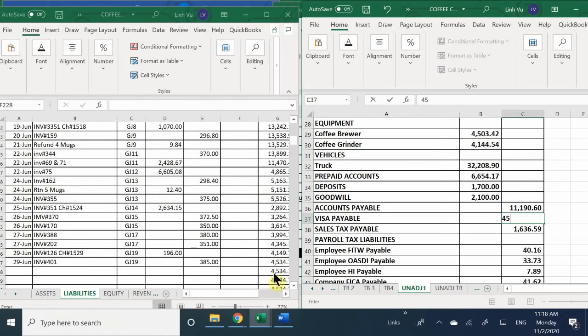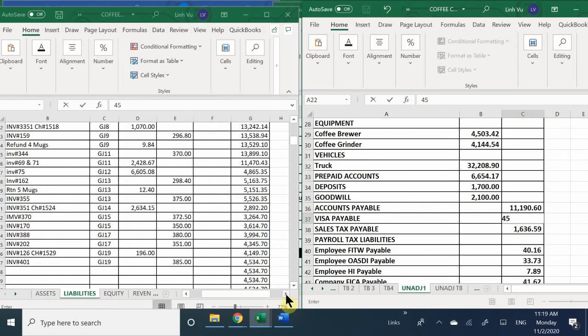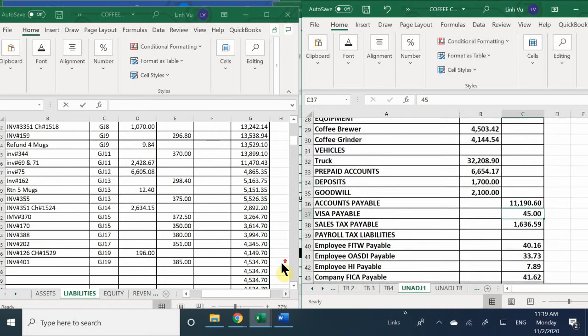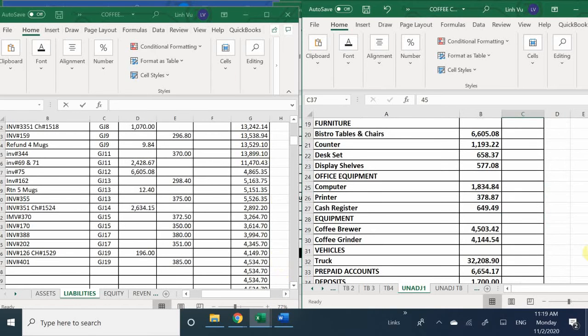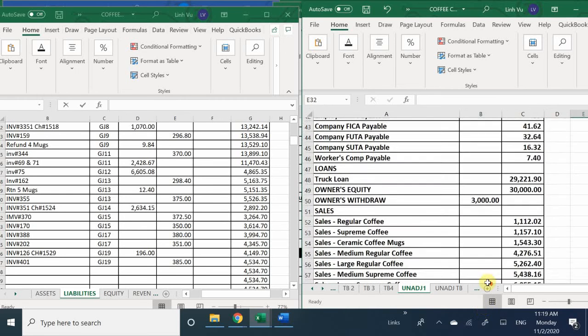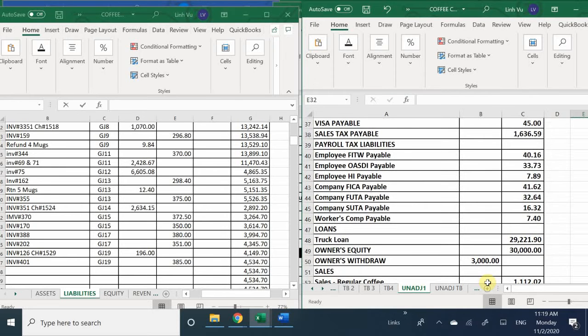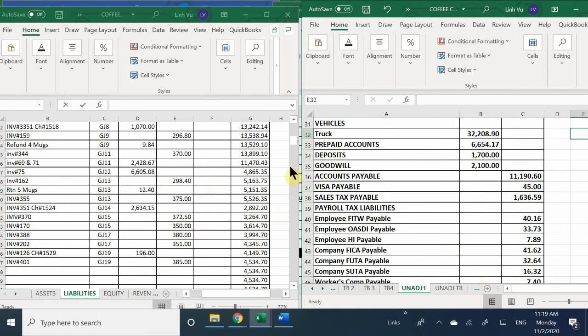Oh, let me move my window over. Come on. There you go. So this is accounts payable. 4,534.70. Okay.